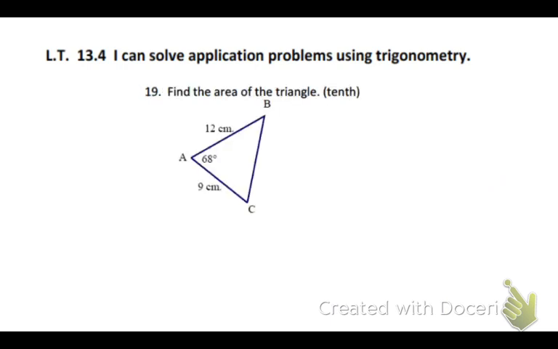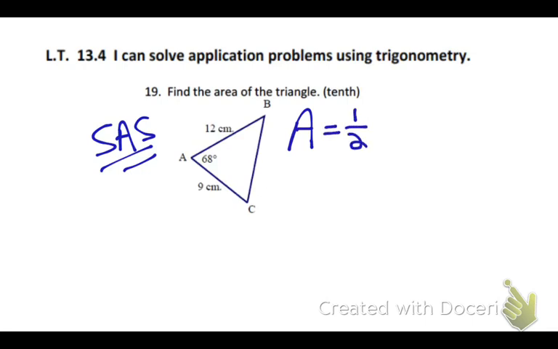Okay, now the area of a triangle. So super easy to find the area of a triangle. This works really well if you're given side angle side. You can use this for the area because you don't need the height of a triangle. Normally you need 1/2 times the base times the height. Well, this is a little bit different. This is area equals 1/2 times the side lengths.